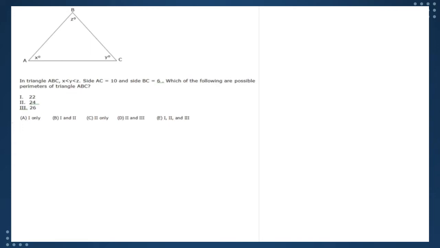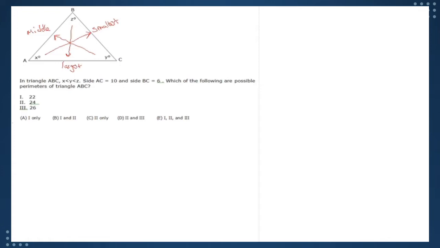To be a little bit more detailed, in this problem, we are given that x is the smallest angle in this triangle, which means that BC has to be the smallest side. We're also given that y is the middle angle, which means this has to be, for lack of a better word, the middle side as far as length, and then this has to be the largest side.